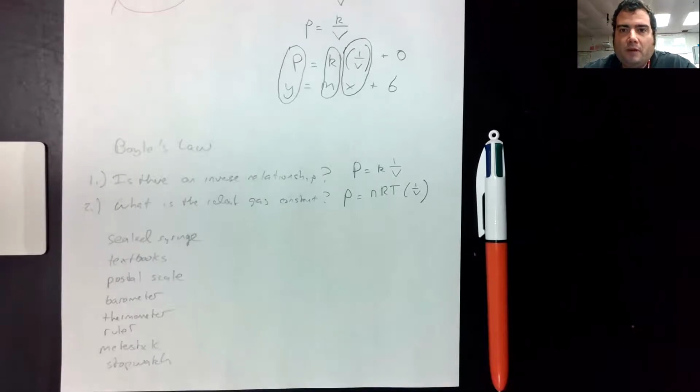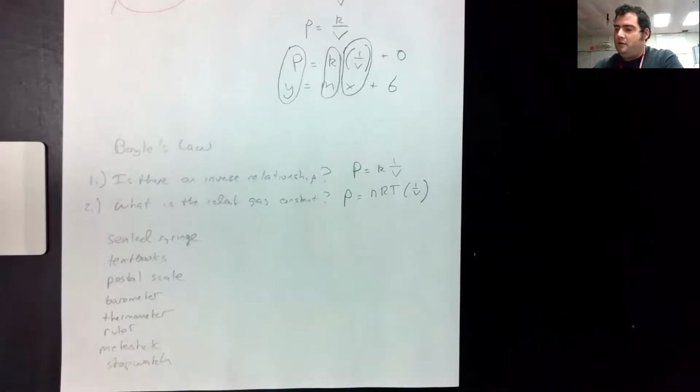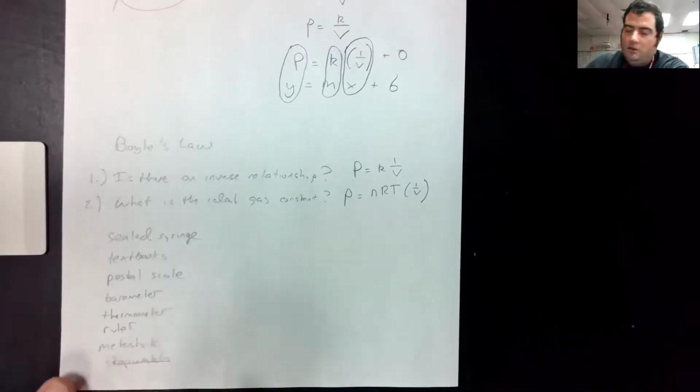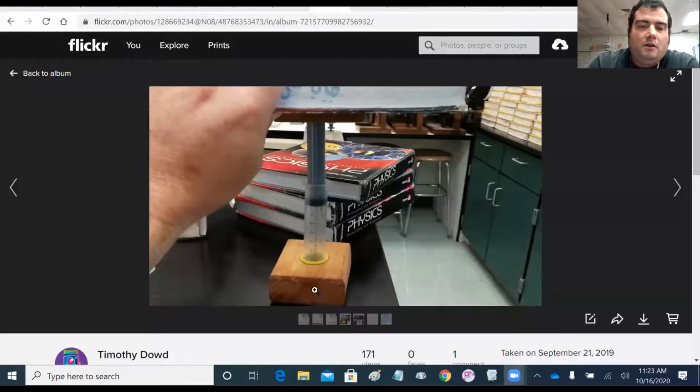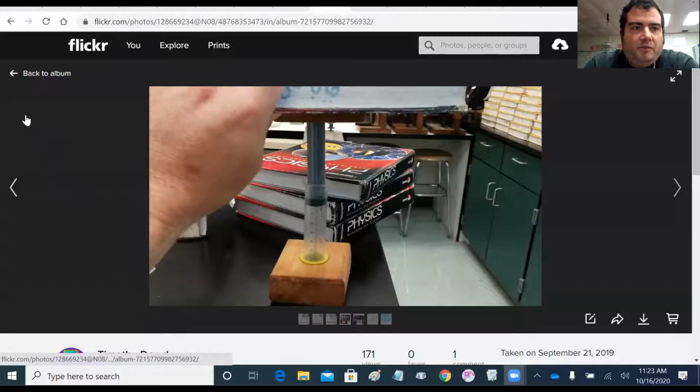So at the end of the day, some of these things are not needed. We don't need a stopwatch. We don't need a meter stick. But we do need to use all those other things. And let's talk about how. So the point of the postal scale is ultimately to get pressure.